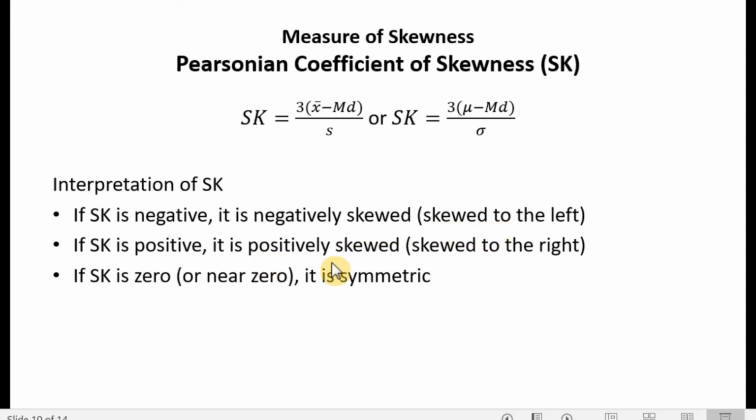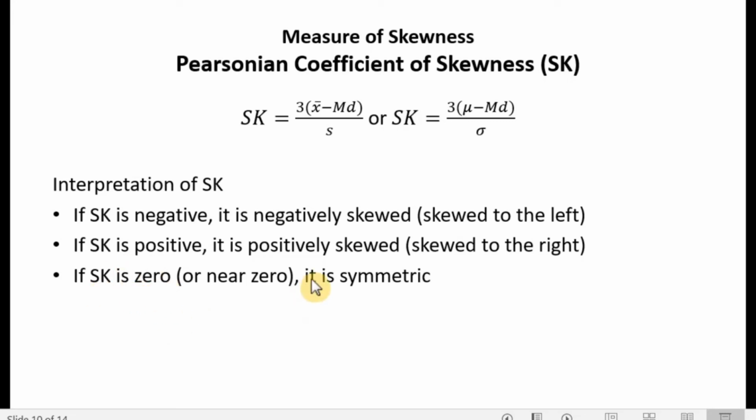If it's positive, then it's positively skewed or skewed to the right. The farther it goes away from 0, going to the positive numbers, the more skewed to the right the distribution becomes. If the value of Sk is approaching 0, very near 0, then it is becoming symmetric or normal. In reality, we rarely see a distribution whose value of Sk is exactly 0.